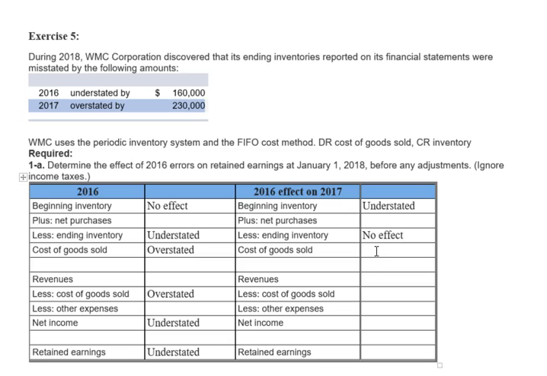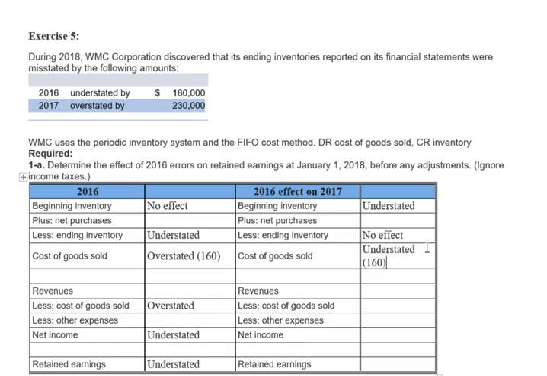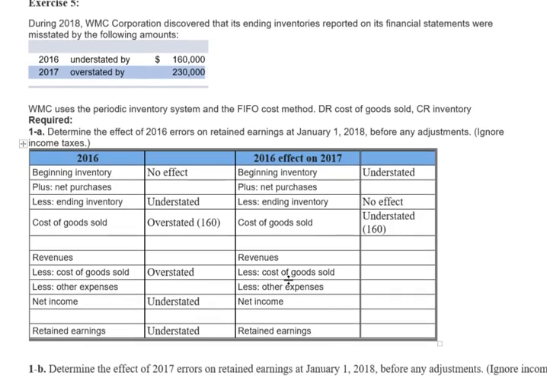So this year, our cost of goods sold would be understated. Basically, we would correct this 160,000. We would be overstated here by 160, and assuming we counted correctly here, we would be understated by that same 160. So it would fix itself in the next year, assuming we made no additional errors.